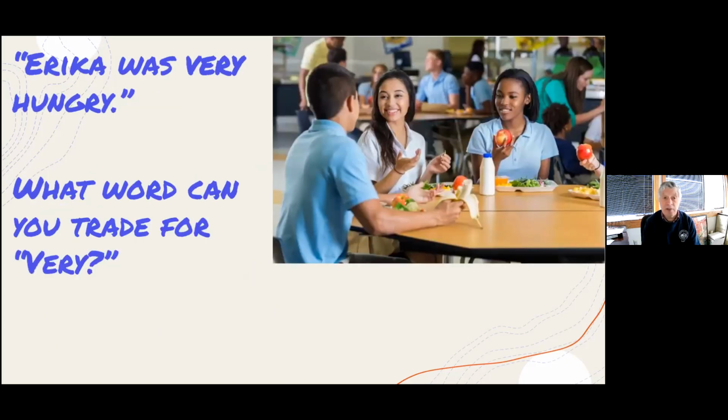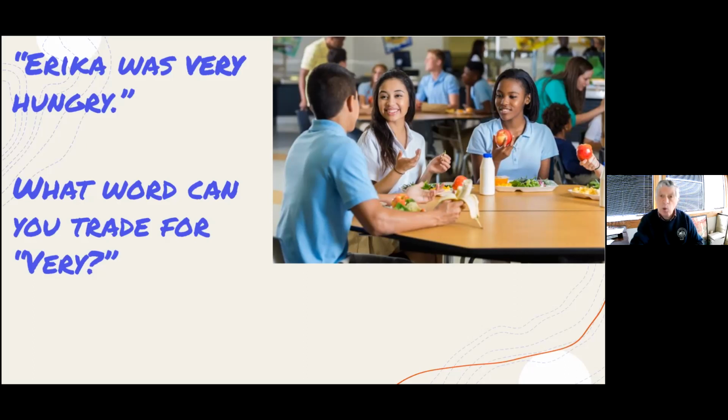Erica was very hungry. Okay, that's fine. There's an is word in there too. So what word could you trade out for very? She wasn't just a little peckish. She wasn't just, I could use something to eat at some point. She's very hungry.